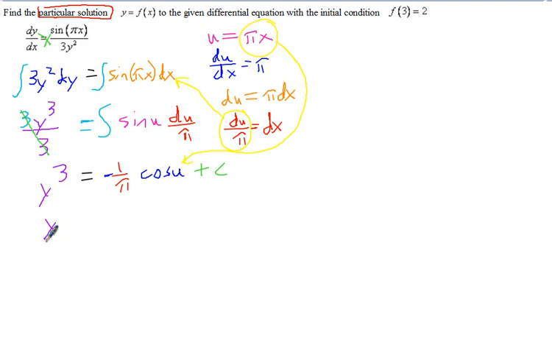So now we have y cubed equals negative 1 over pi cosine of pi x plus c.